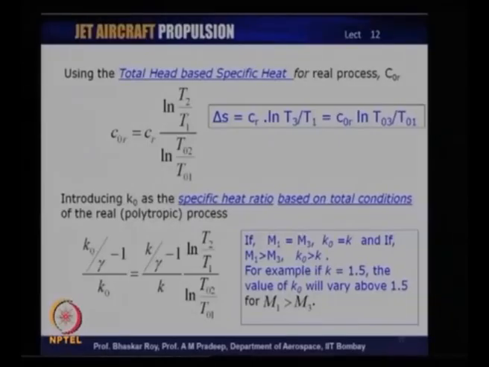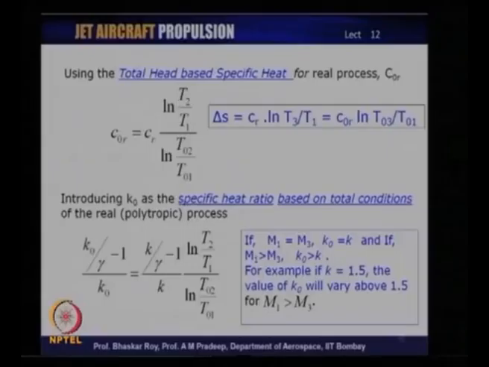This K 0 can be written down in terms of K 0 by gamma minus 1 divided by K 0, and that would be equal to K by gamma minus 1 divided by K into ln T 2 by T 1 divided by ln T 0 2 by T 0 1. Now, these are all derivable definitions from the earlier thermodynamic definition that we have just introduced.